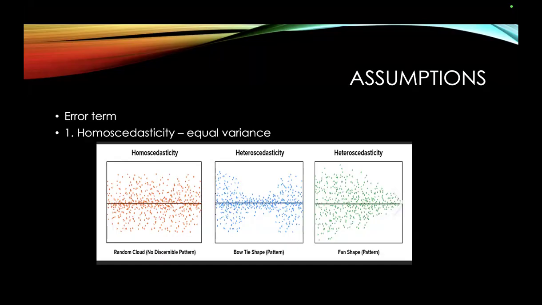If there is no pattern, there is homoscedasticity. If there is some kind of pattern, there is heteroscedasticity, which is a bad thing.